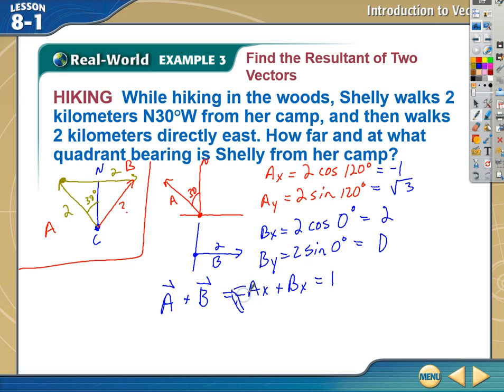Then A y plus B y, 0 plus square root of 3, square root of 3.